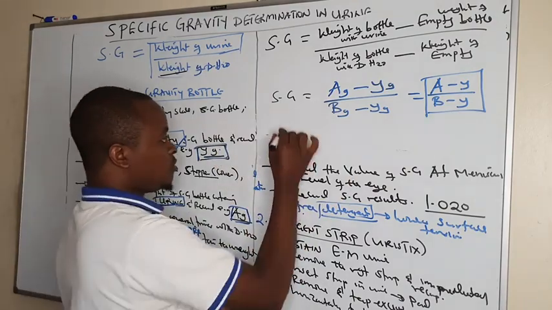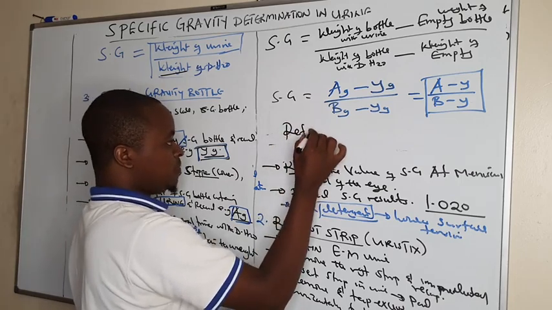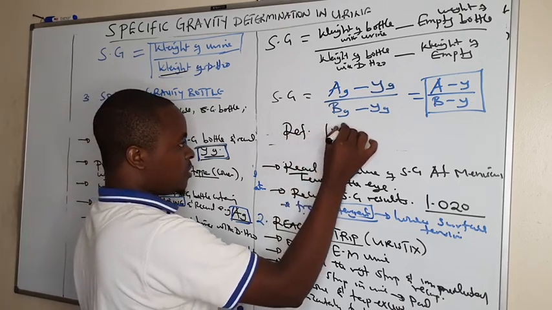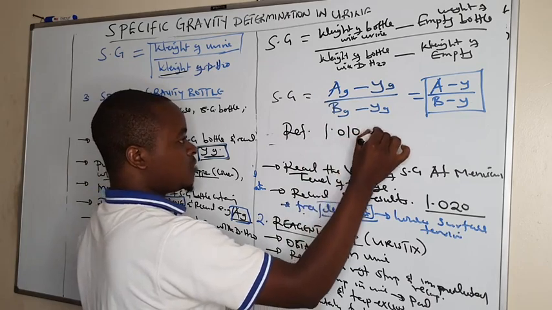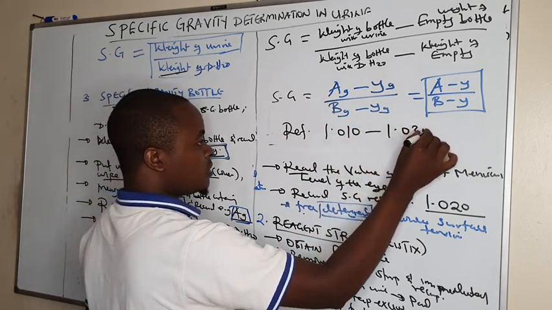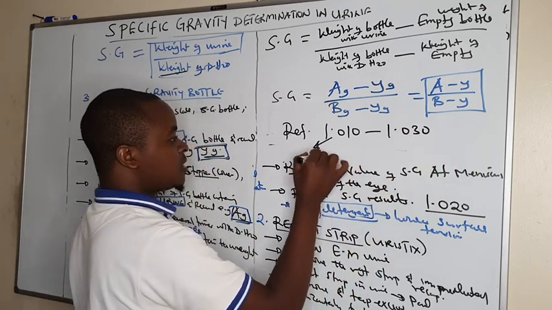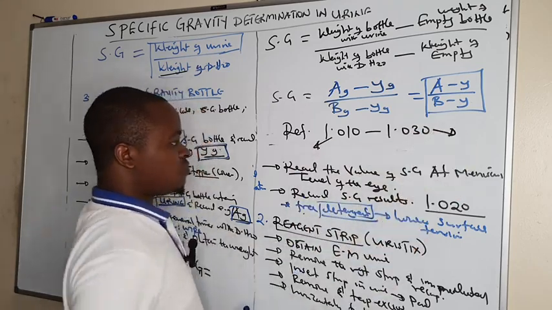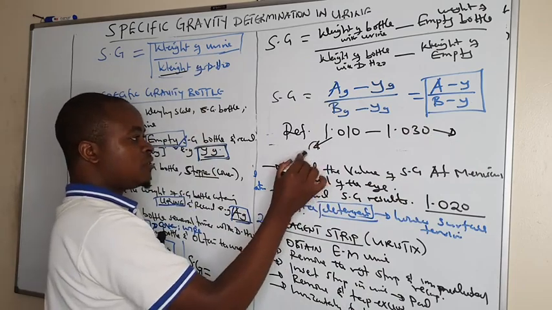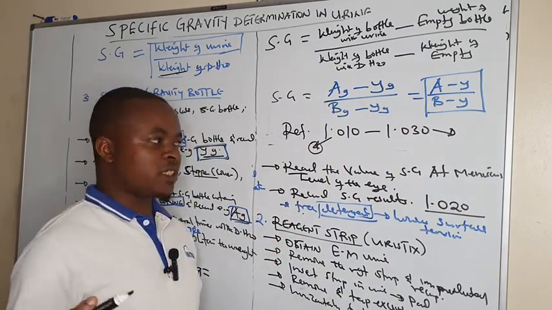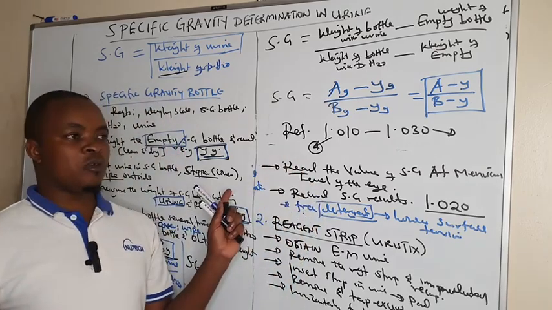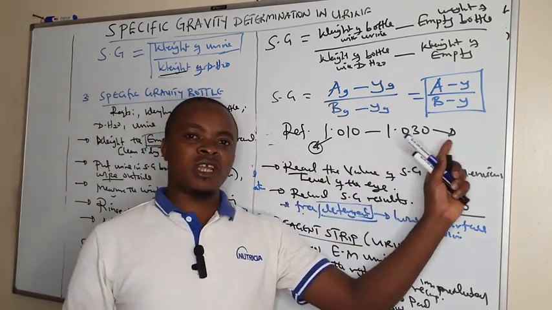And previously we told you that the reference range is between 1.011 to 1.030. And we said below this is dilute, above this is concentrated urine. Dilute urine means the kidney is failing to reabsorb more water. Concentrated meaning you're dehydrated.